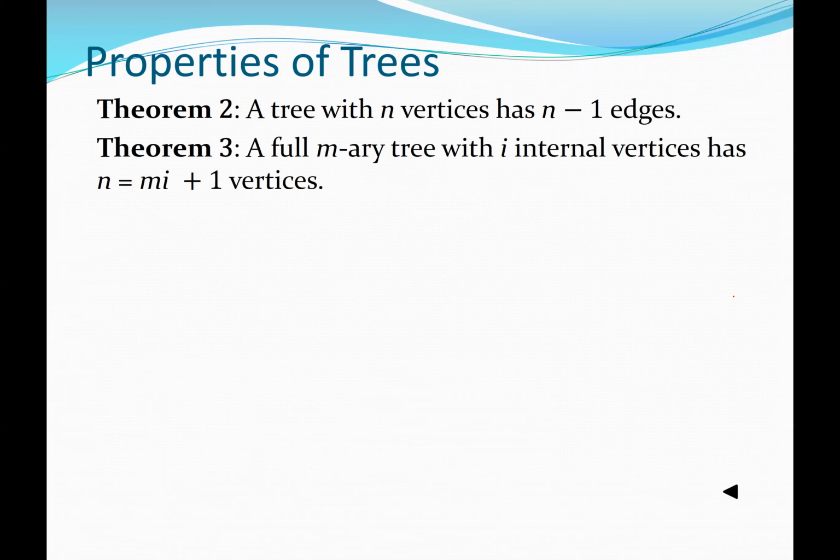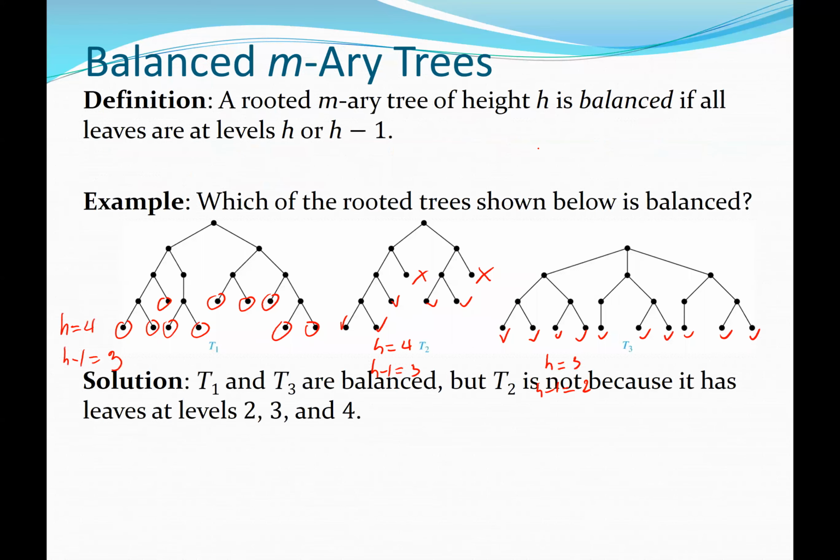A full m-ary tree with i internal vertices has n equals m times i plus 1 vertices, where n is the number of vertices. So m times i, where i is the internal vertices. Let's go back to this one here real quick, the m-ary tree.